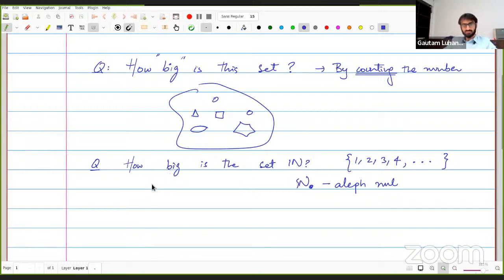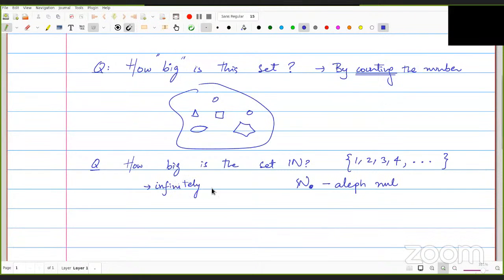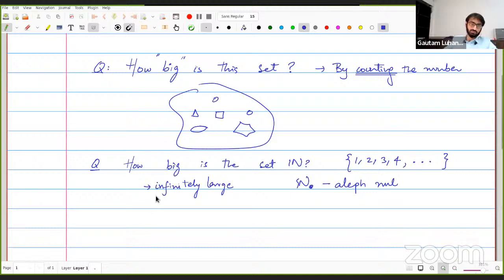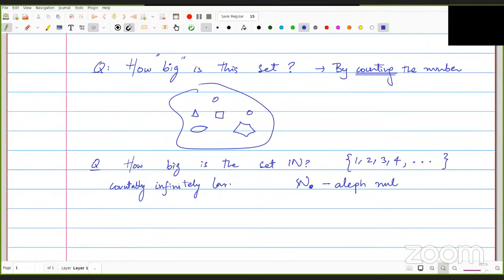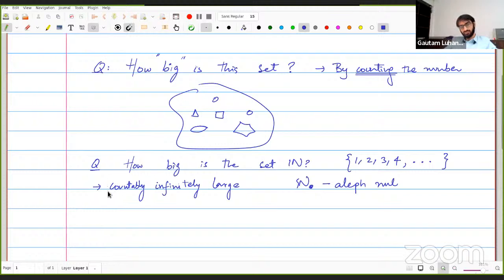Okay, so a simple answer is it's infinitely large. Countably. Okay, so let's add in another adjective here: countably infinitely large. Why did you feel the need to add in this countably infinitely large?